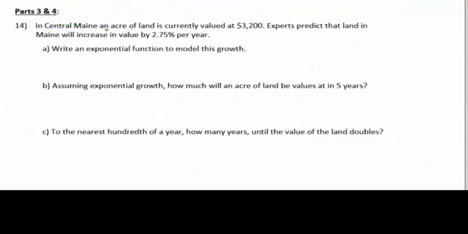All right, so for number 14 here, in central Maine, an acre of land is currently valued at $3,200. Experts predict that land in Maine will increase in value by 2.75% per year. Write an exponential function to model the growth. All right, so we're going to write our exponential function, assuming exponential growth. I know this part here is a little different than what yours looks like.